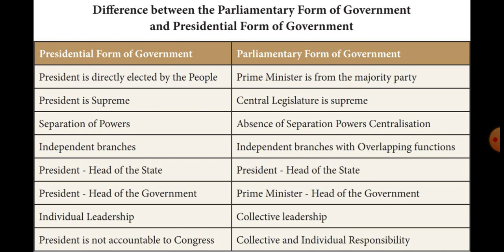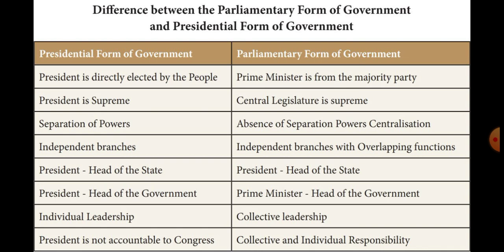But in the presidential form, the head of the state and the head of the government are both the president. In the parliamentary form, the president is the head of the state, and the prime minister is the head of the government. Then the presidential form of government has individual leadership, but the parliamentary form of government has collective leadership.